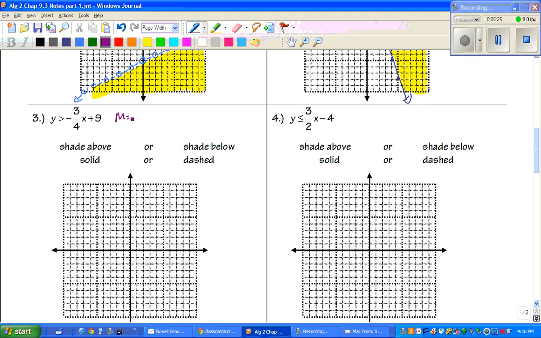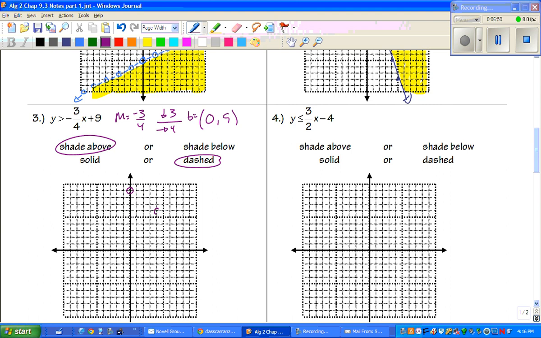Our slope is negative 3 over 4, which means I go down 3 to the right 4. And the b is 0, 9. It's greater than, which means I shade above, but it's going to be dashed. So at 9, I put a circle.